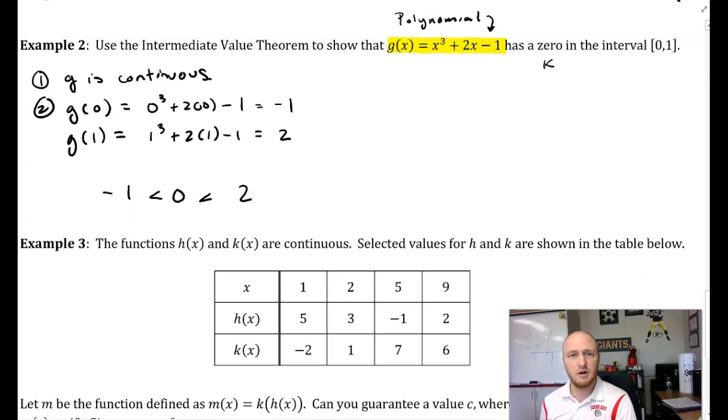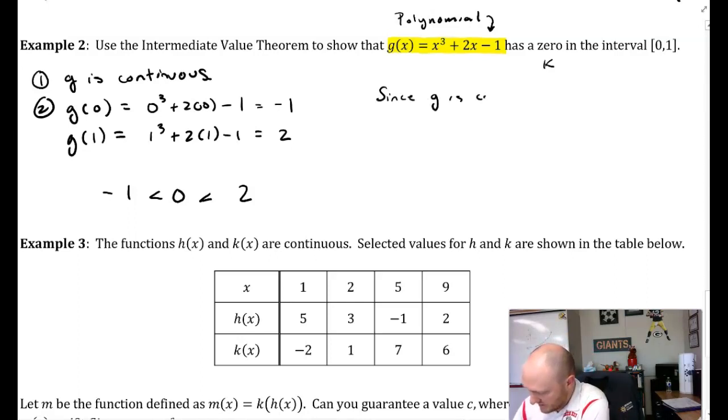So the two conditions are met, and then I'm going to go ahead and provide a statement. So again, since g is continuous and 0 is between 0 and 1.